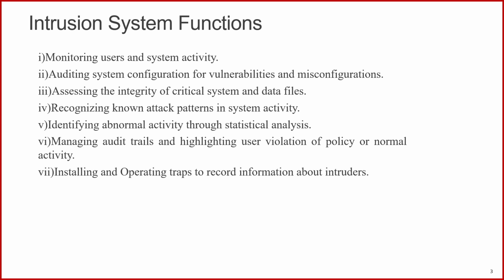It also helps to monitor and audit trails, highlighting user violations of policy or normal activity. Installing and operating traps means that any harm or undetectable activity that happens in the network can be recorded.